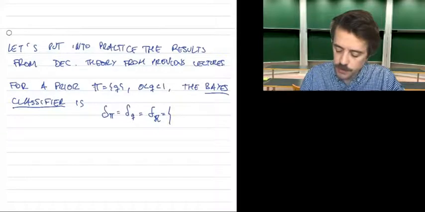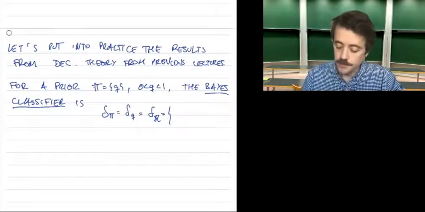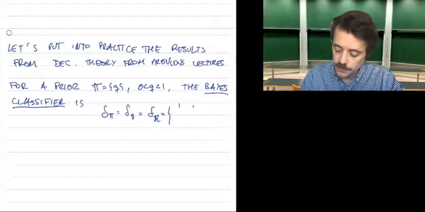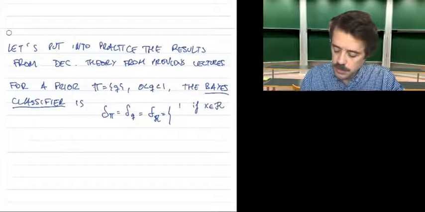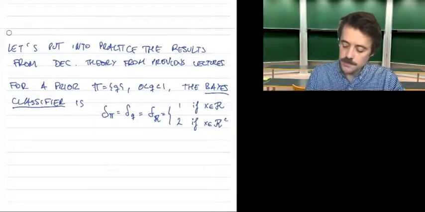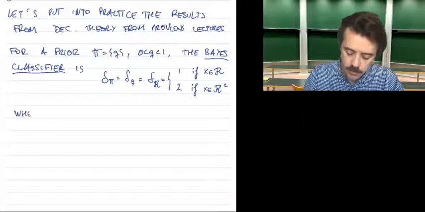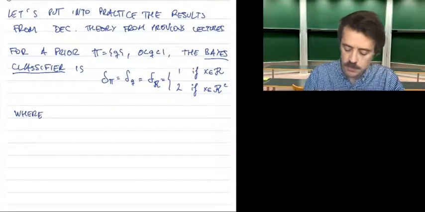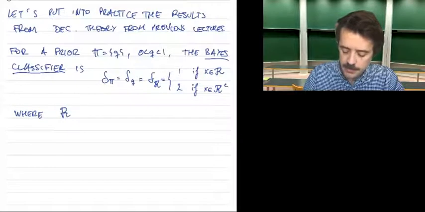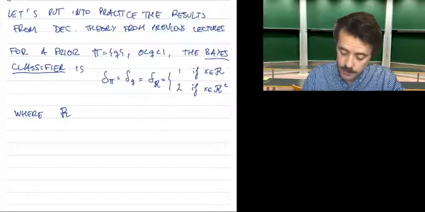Just to remind you, this is just 1 if X is in the region, and 2 if X is in the complement of the region. And what region is this? Again, this calligraphic R is given by this region that we had.